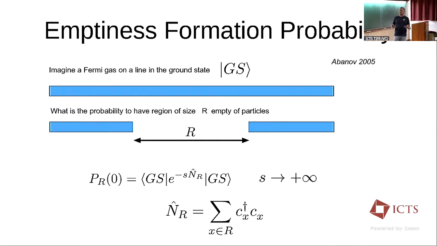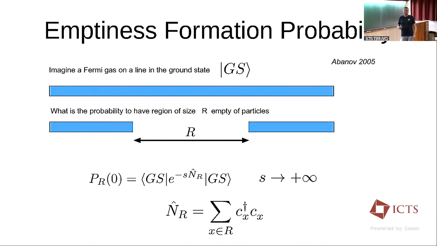Typically, this corresponds to having a ferromagnetic string in an antiferromagnetic ground state. In the language of fermions, I will consider the ground state of fermions on the line and ask a simple quantum mechanical question: what is the probability to have an empty region appearing spontaneously in such a state?